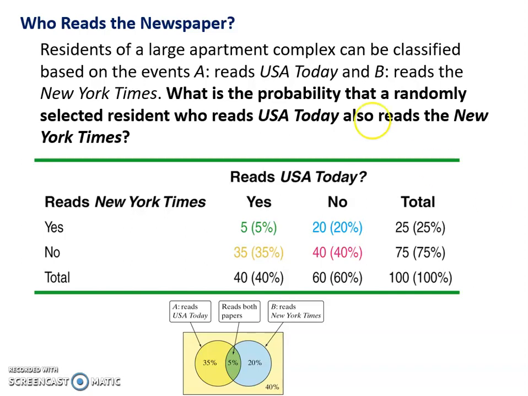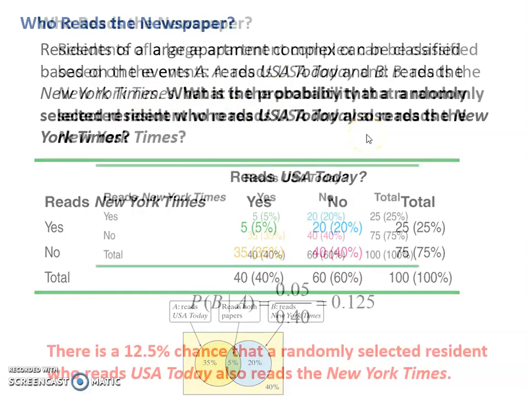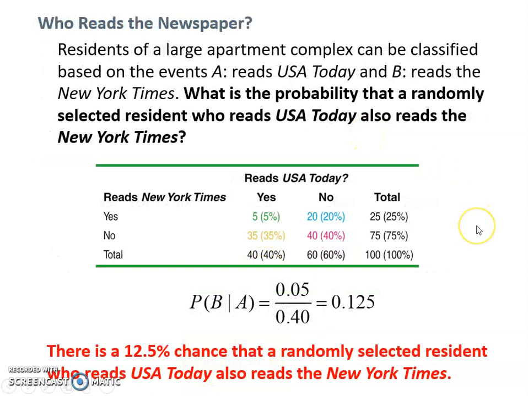So it says, what is the probability that the randomly selected resident who reads USA Today? That's your given. So given that they read the USA Today, what's the probability that they also read the New York Times? So if we wanted to write this as probabilities, A's and B's, we want to know what's the probability of B given A.